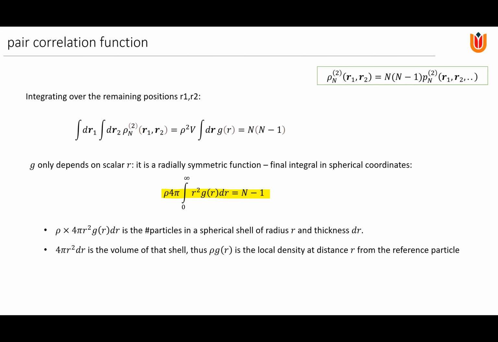So rho times g(r) is the local density at the distance r away from the reference point. We can say that at the distance r because the medium is homogeneous, so it does not matter where in the shell.